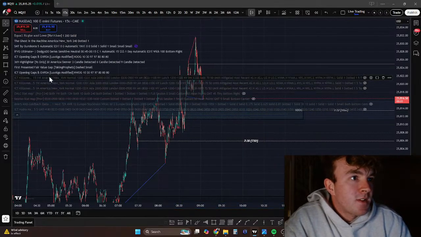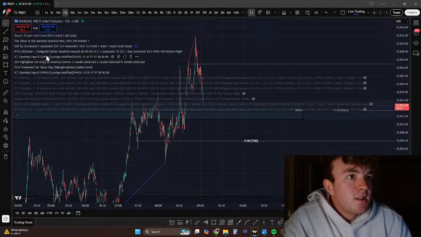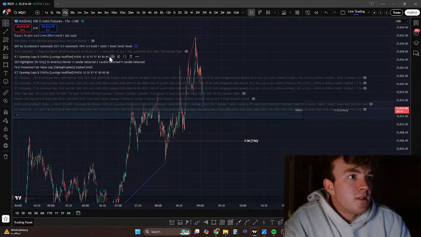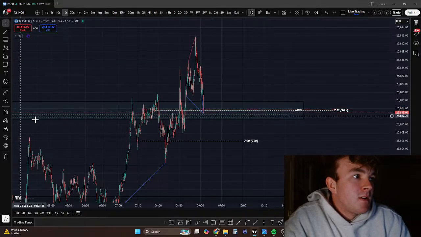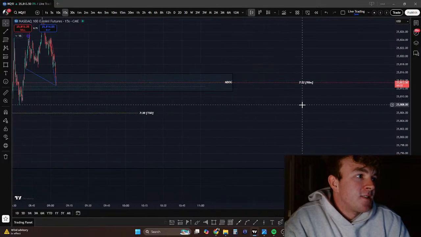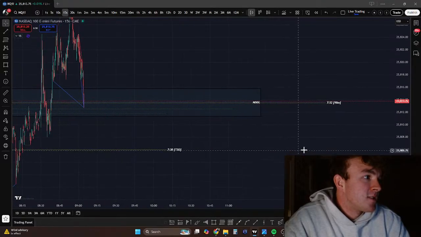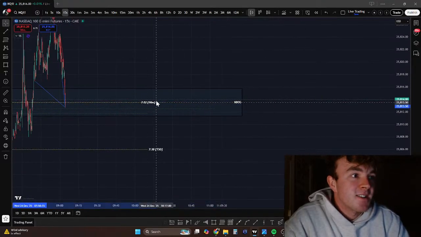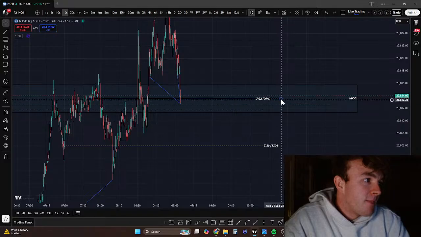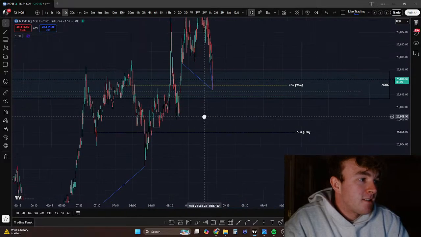So let's get rid of all the other indicators. Like this one, this one, this one, this one. I'm so interested to see if we use this, dude. This is interesting right here. This is science.